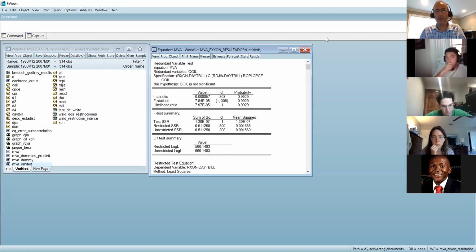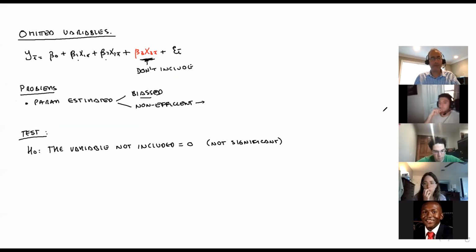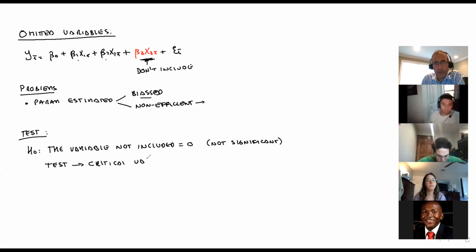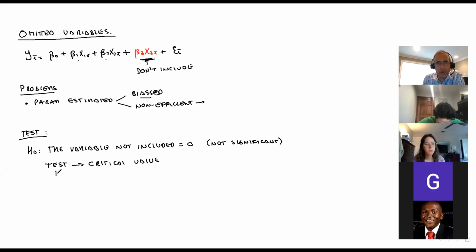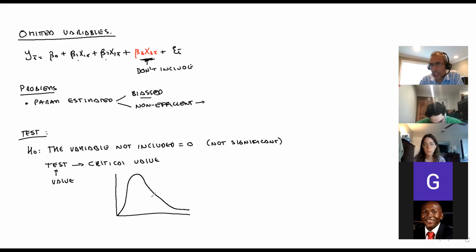Remember, let me share this one here. When we have a test, we compare it with a critical value. And in EViews, I think this is called value or something like that. If we have a chi-square, the chi-square looks like this, and the F also looks like this.